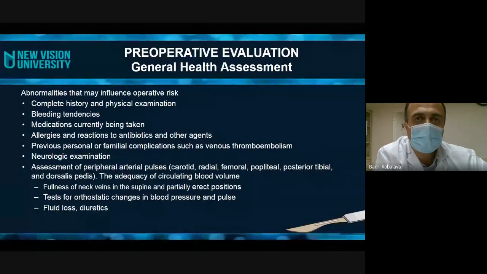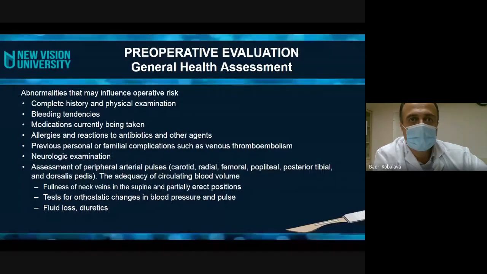He was on an anticoagulant to prevent blood clotting. This is warfarin, and this patient got warfarin for several years. But this is a medication which blocks the synthesis of coagulation factors in the liver.